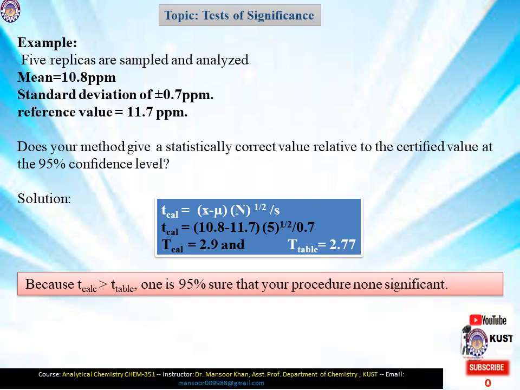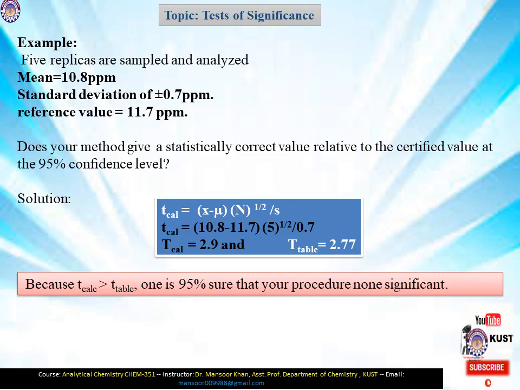So the example is: 5 replicas are sampled and analyzed, and the mean of the result is equal to 10.8 ppm with a standard deviation of 0.7 ppm, and the reference value, or accepted value, is equal to 11.7 ppm. This 11.7 ppm is the accepted value, or we can say the true value. So when the true value is present, we apply the first case of the t-test.